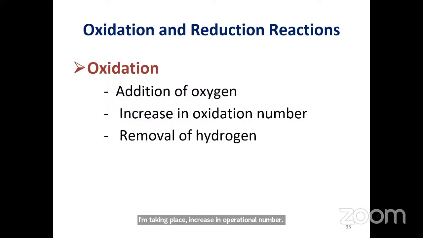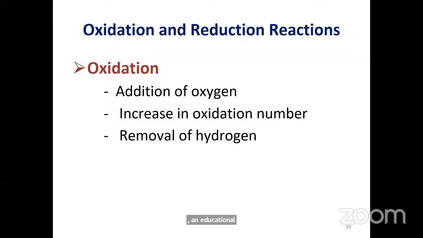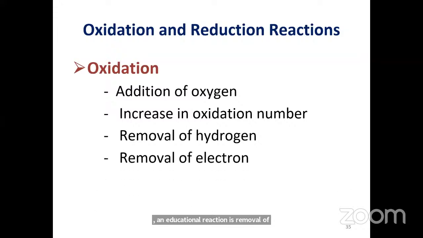The third way is removal of hydrogen. And the last way is removal of electron, or we say loss of electron. So oxidation is accompanied by loss of electron.